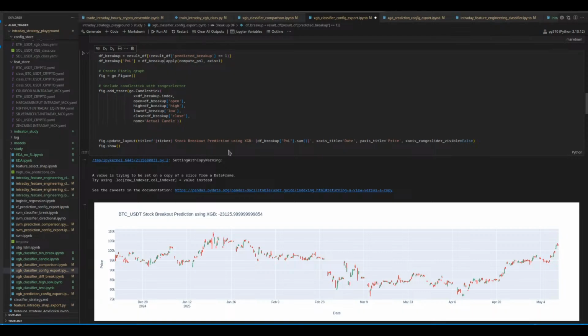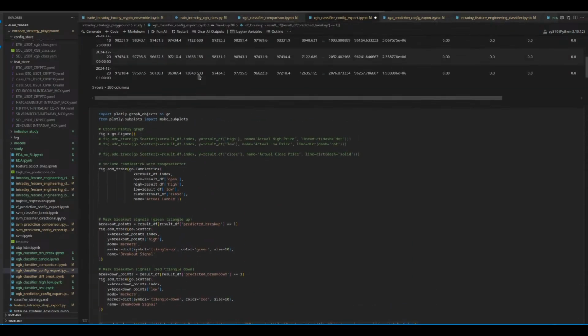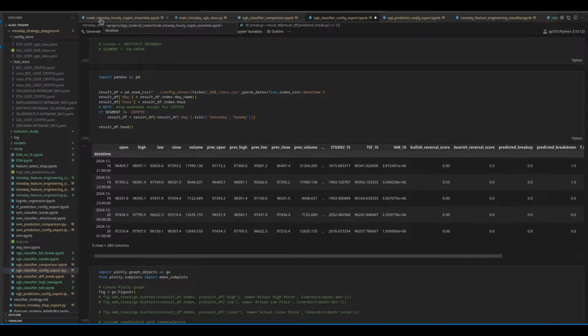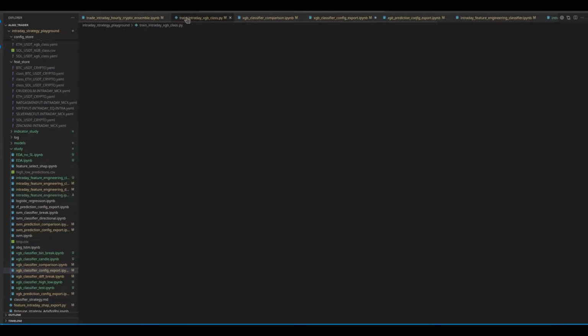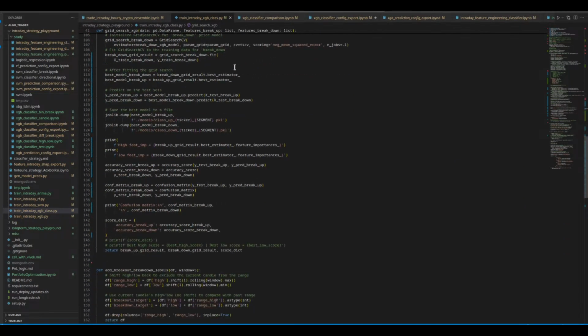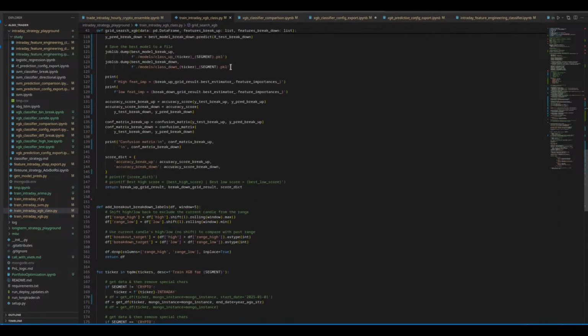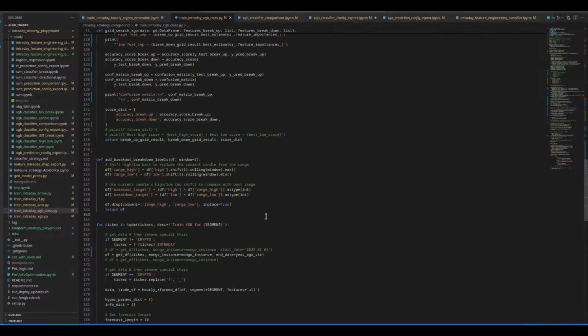Let me show you how I am labeling the data. This is where I'm labeling the data.